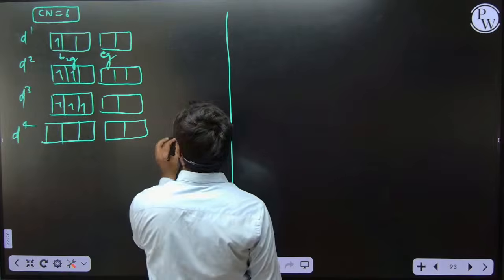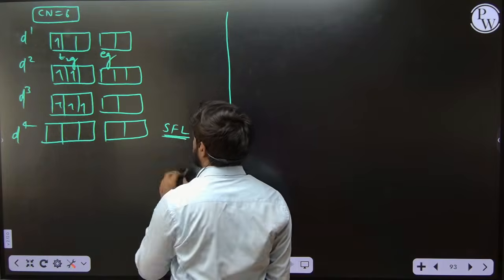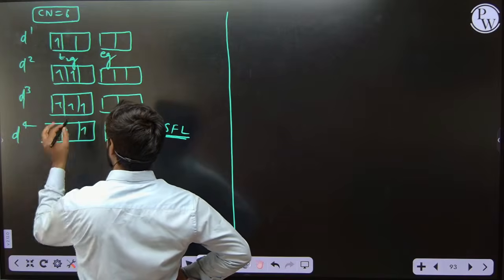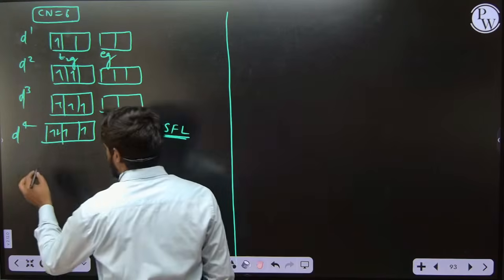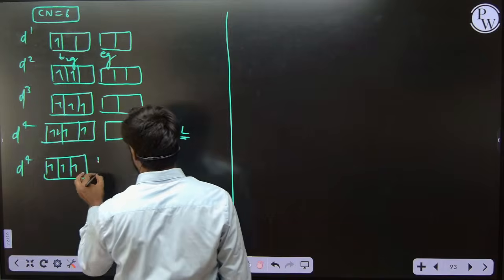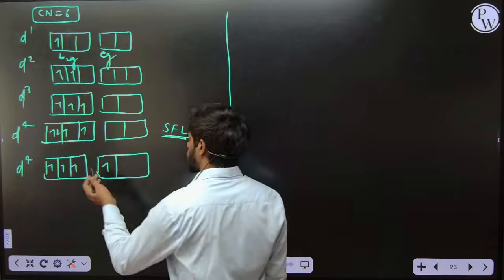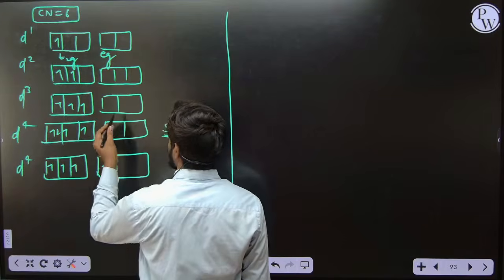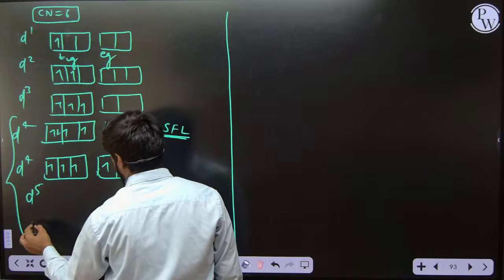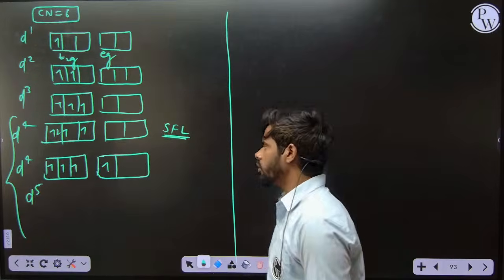If it is an SFL, pairing will be done. If it is a WFL, in case of d4, pairing is not done and the electron goes into the eg orbital. In case of d4, d5 and d6 it is all the same. So this way we can do the configuration.